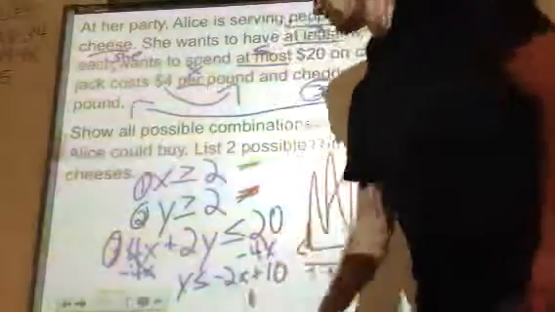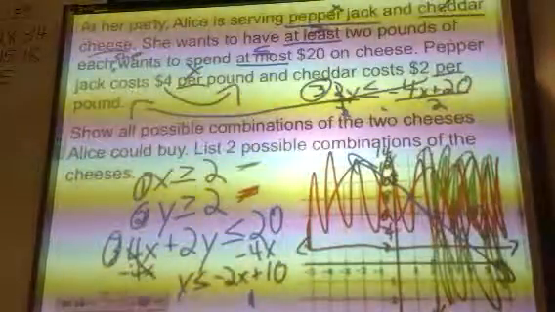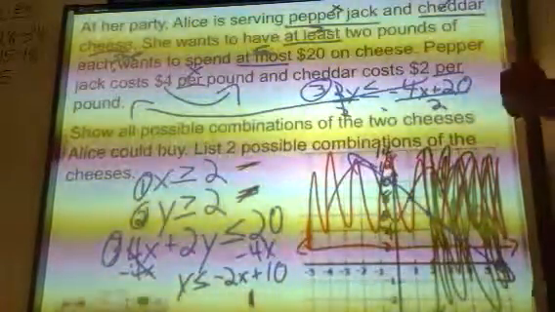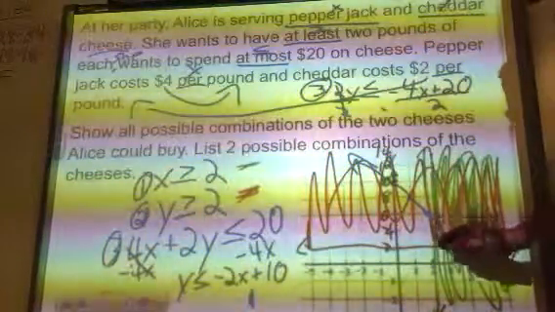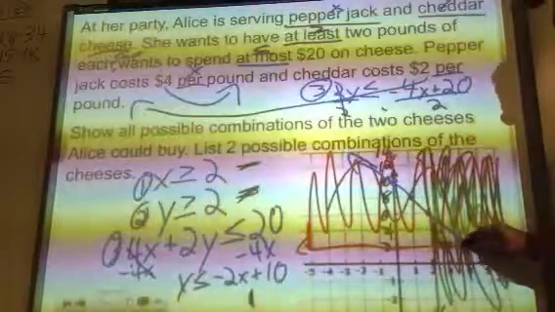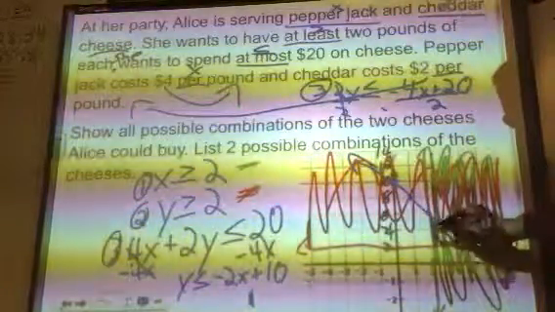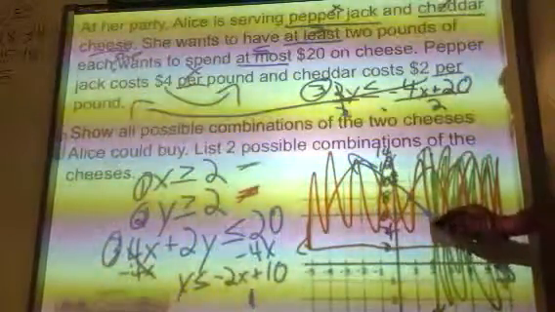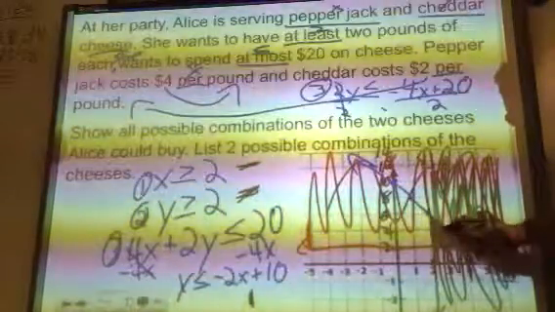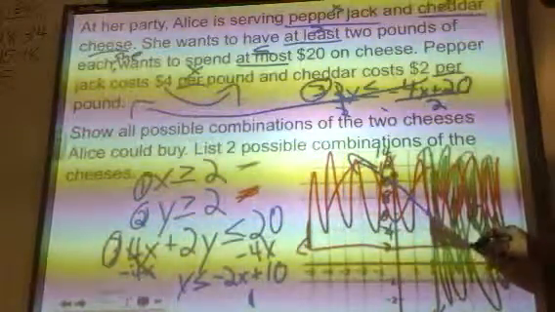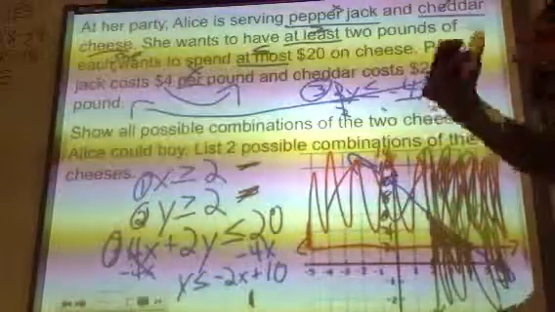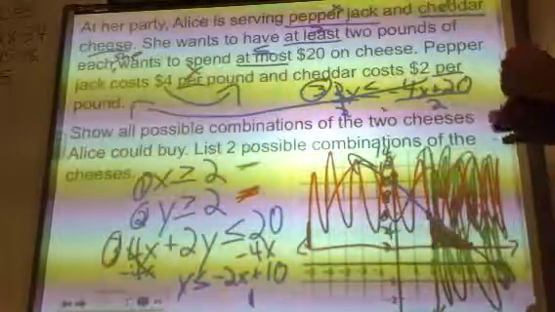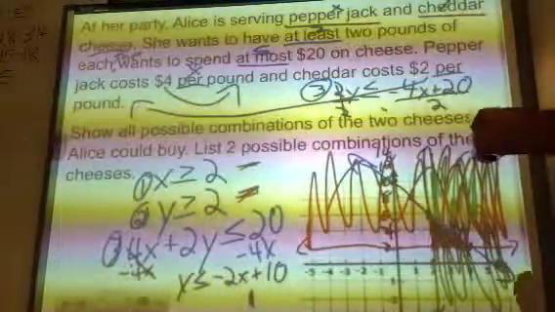And now, look at the points where all 3 of them are going to be located. And that's going to be in this area right here. Okay, and again, the points where these 3 inequalities intersect would be examples of solution points because they're all or equal to inequalities. Alright, so we showed all possible combinations of 2 cheeses.